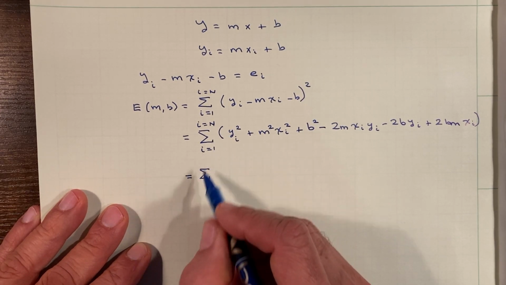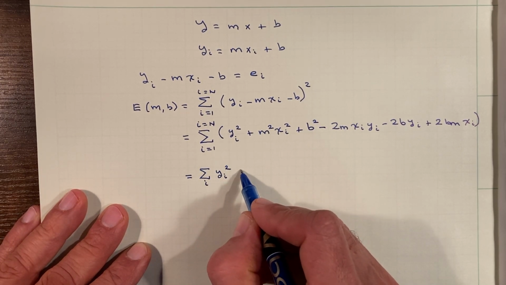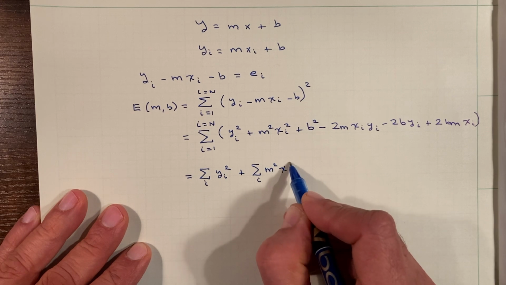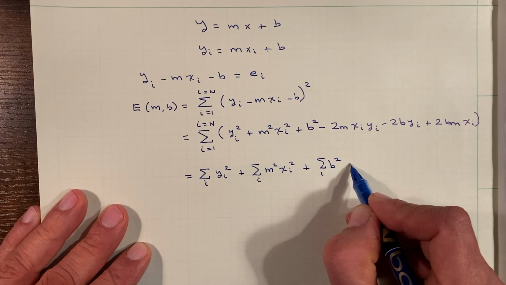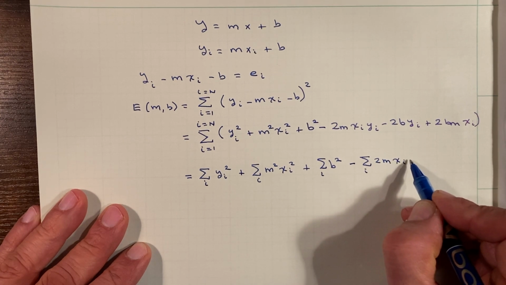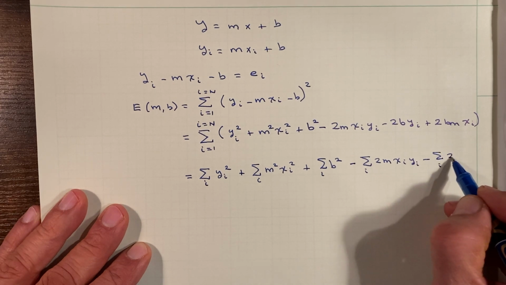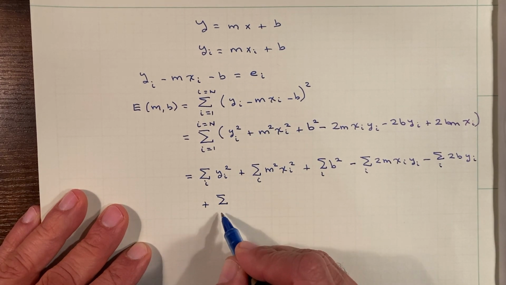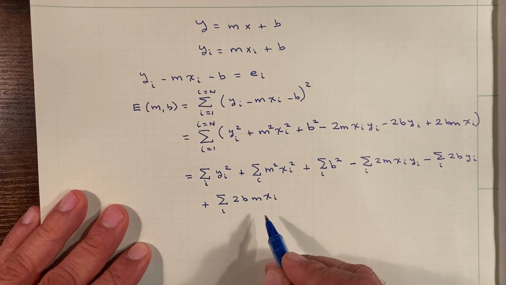And instead of writing i equals 1 to i equals n, we just say sum over i, y sub i squared, plus sum over i, m squared x sub i squared, plus sum over i, b squared, minus sum over i, 2m x sub i y sub i, minus sum over i, 2 times b times y sub i, plus this last term, sum over i, 2 times b times m times x sub i.